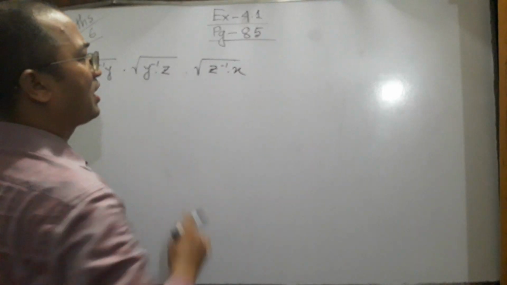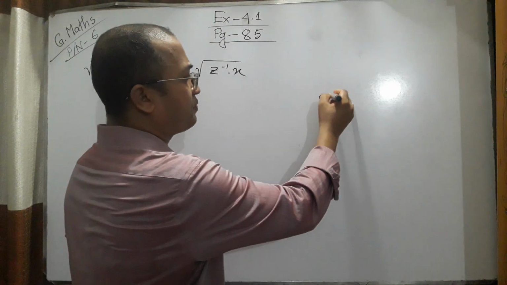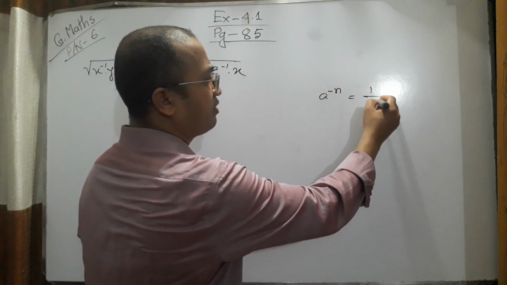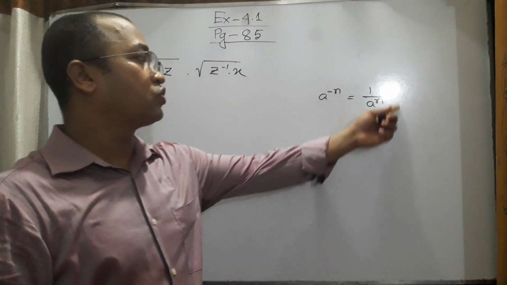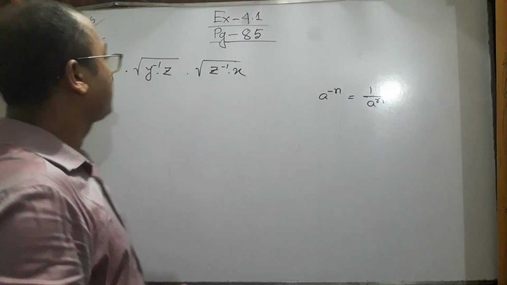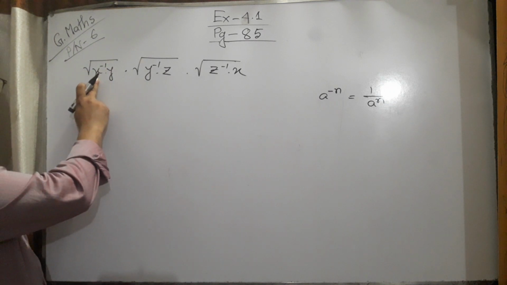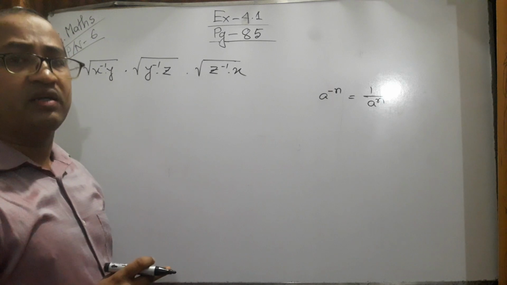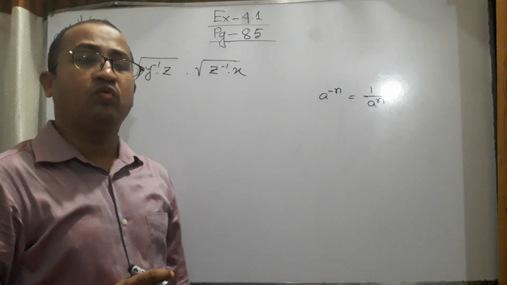Now, just now I have shown you a property, that a to the power minus n equal to 1 by a to the power n. So here x to the power minus 1 we can write as 1 by x, y to the power minus 1 is 1 by y, and z to the power minus 1 is 1 by z.